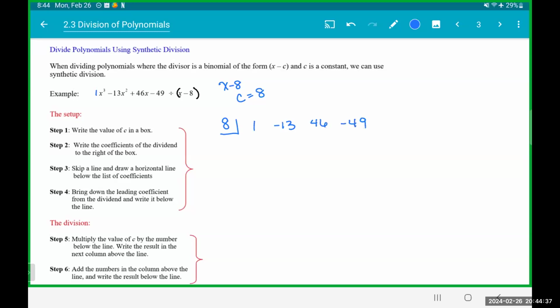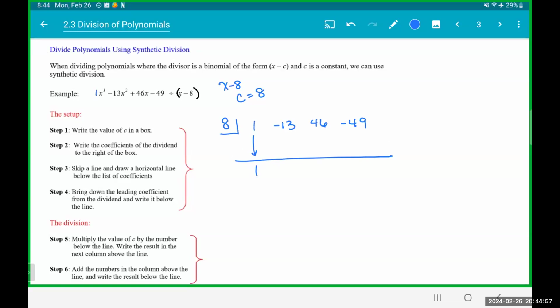Now we skip a line and draw a horizontal line. Then we bring down our first coefficient right here. This is what we call the set.